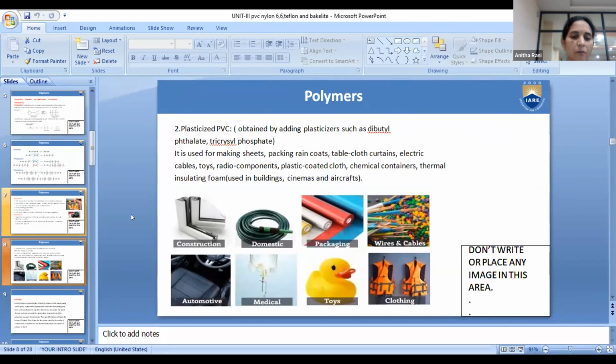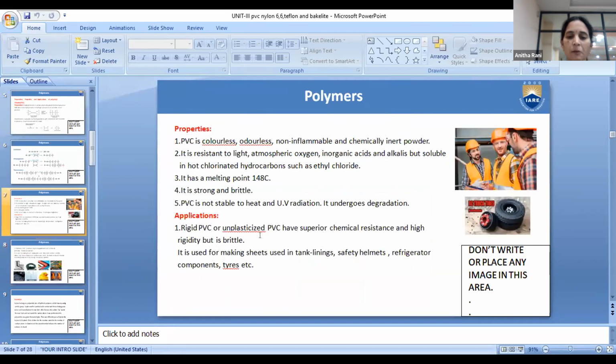Next, rigid PVC or unplasticized PVC. We make sheets that are used in chemical tank linings, or any other tank linings. We are making safety helmets, refrigerator components, tires. So these are the applications or uses of PVC.